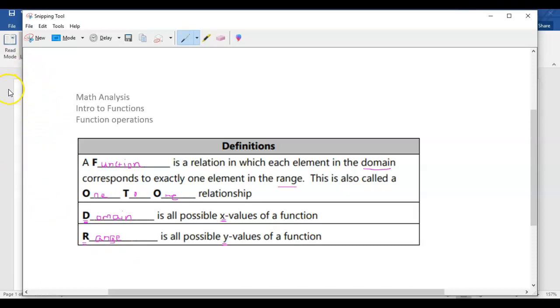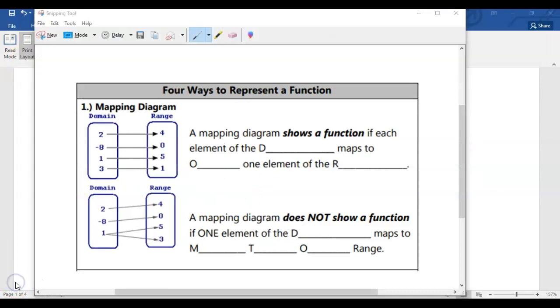All right, let's move on and talk about this relationship of functions and how it works. There are four ways to represent functions. The first way is with a mapping diagram. I know you all have seen pictures like this before, where we have our domain values mapped to our range values.